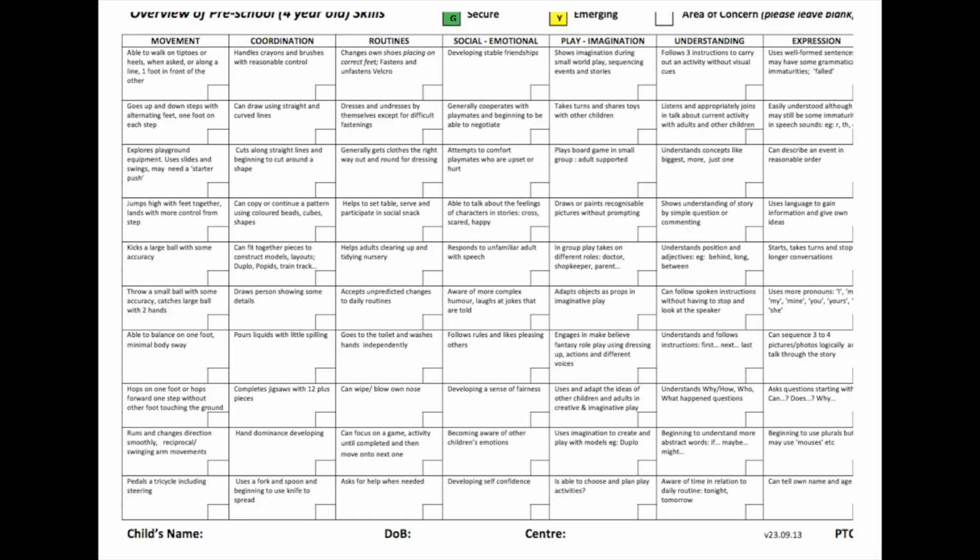The understanding and expression columns within the preschool developmental overviews identify the typical stage of language development. The strengths and areas for development identified from the preschool developmental overviews can be used by early years practitioners to support children's oral language development through adults and children playing and talking together.